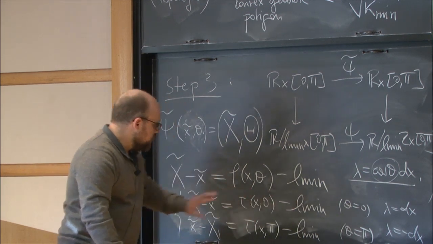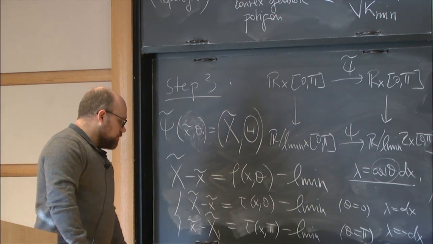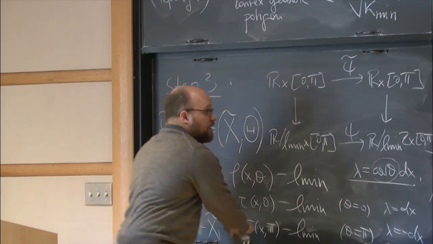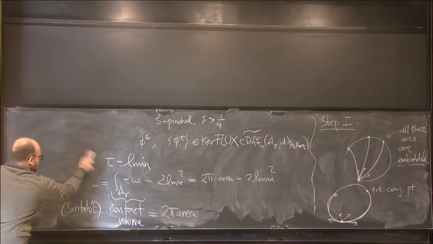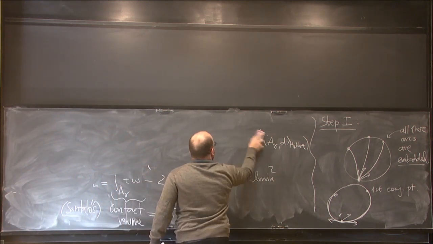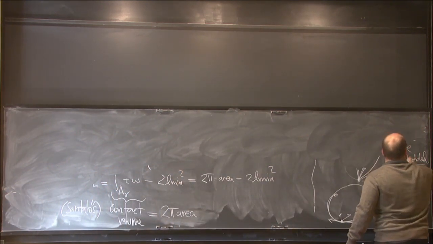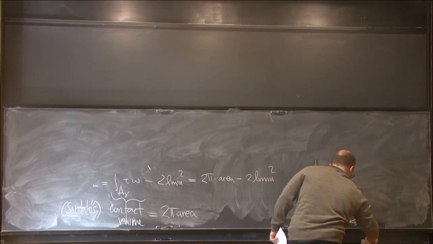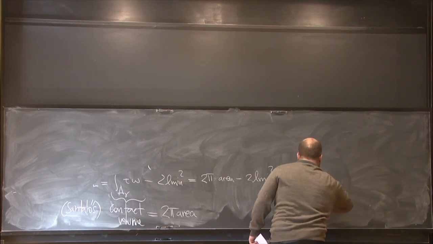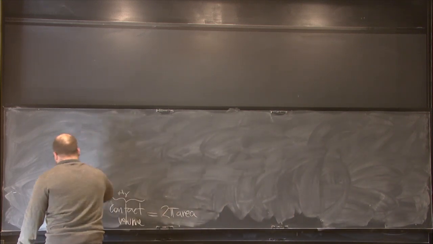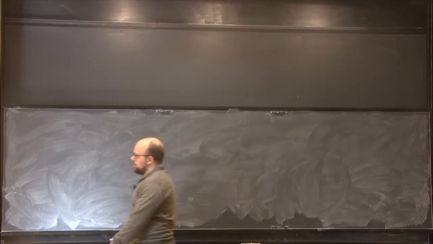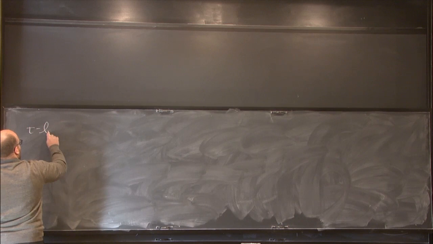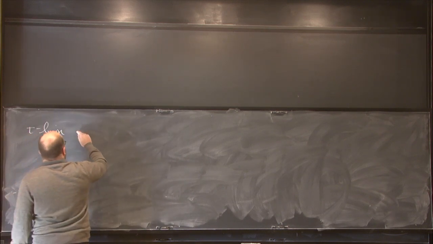So this expression doesn't yet show that the flux is 0, but it shows one thing: it shows that the function tau minus L mean satisfies the boundary condition.